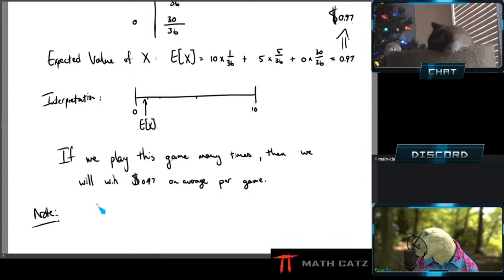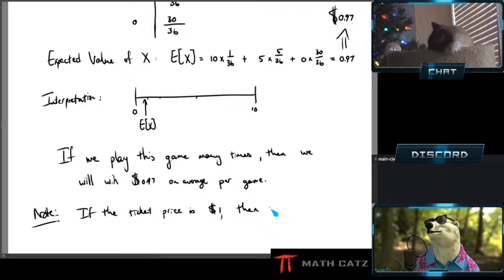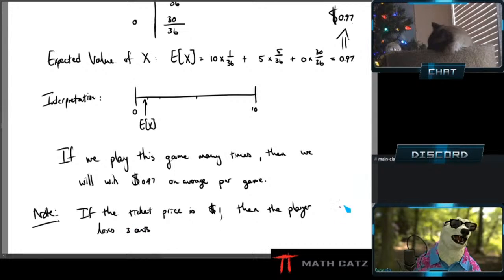For example, if the ticket price is $1, let's say, then the player loses 3 cents, more or less, right? I rounded this, but it's okay. 3 cents per game on average.